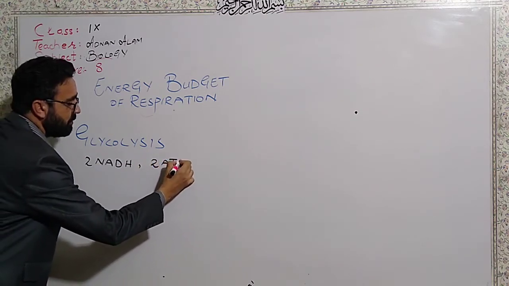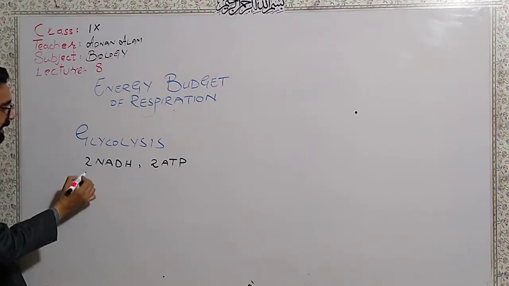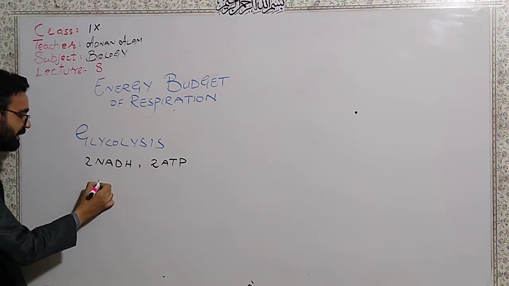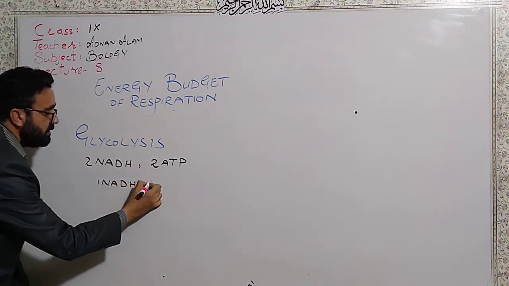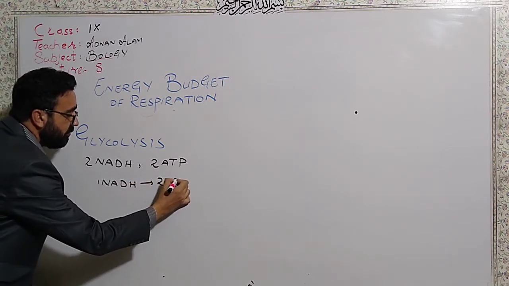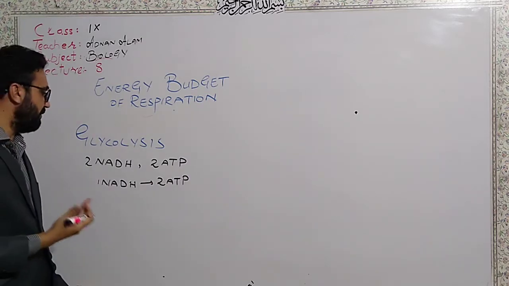But I told you that 1 NADH of glycolysis will give us just 2 ATPs, rather than the NADH which was formed in the Krebs cycle, which will give us 3 ATPs.